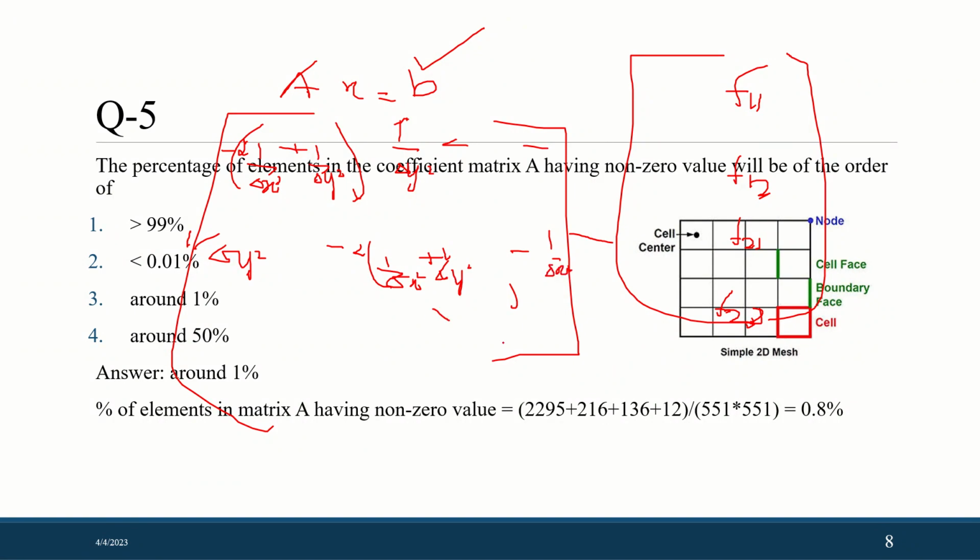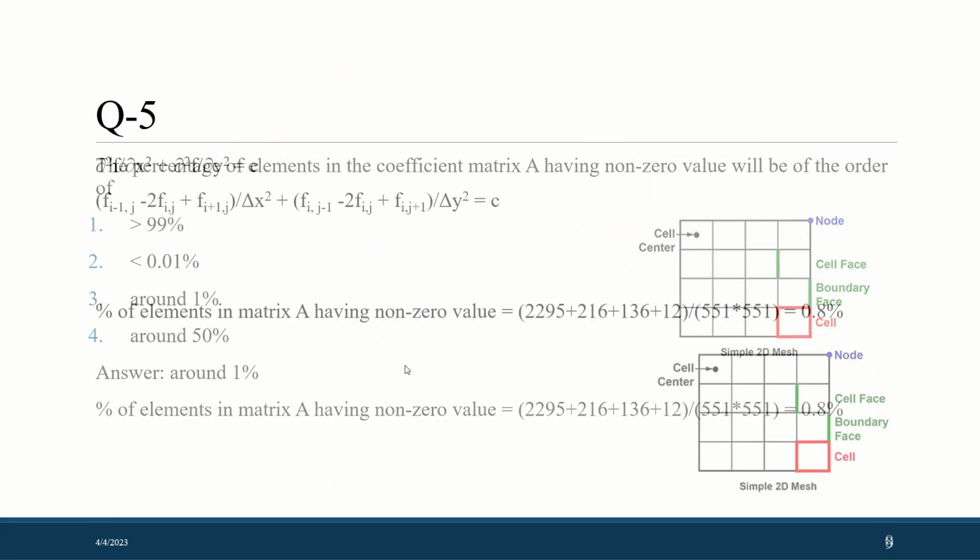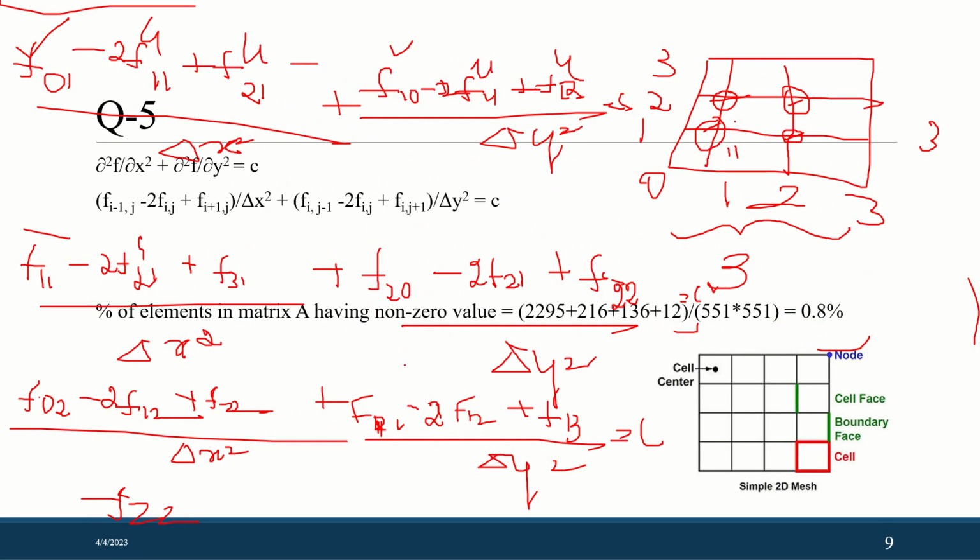The diagonal element is common in this, and here it is again 1 by delta x square and 1 by delta y square. These are all 0 elements. This is for this specific problem. When we are putting all these equations in the matrix form, what similarity we can observe is that the diagonal elements are remaining non-zero.